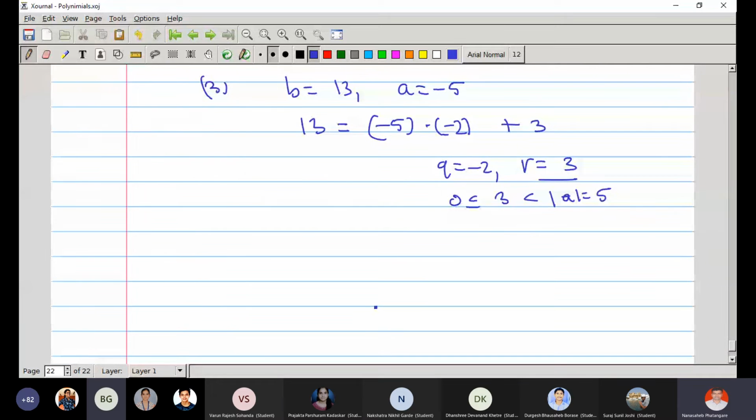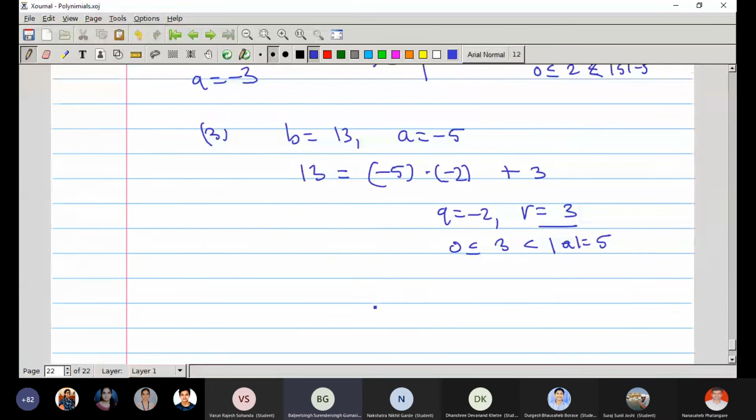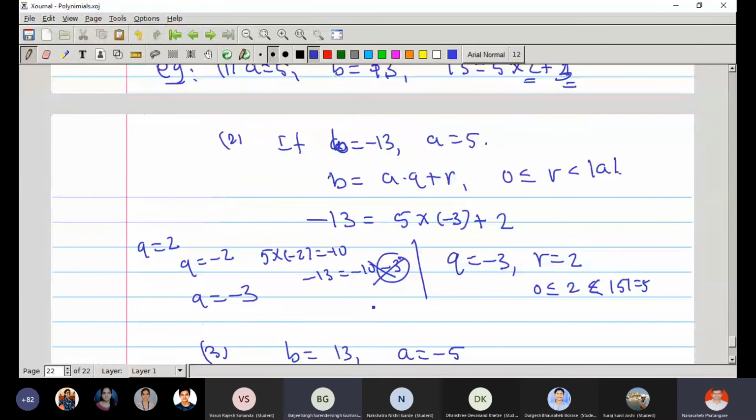Sir, is there a formal proof of this theorem? Yes.